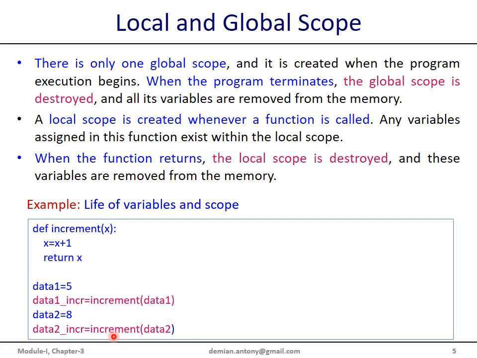Then again for the second function call, x is created with the value data2, and it is destroyed upon termination, that is through the return statement. Remember, there will be only one global scope for a given Python program, and we can have a number of local scopes based on the definition of multiple functions.